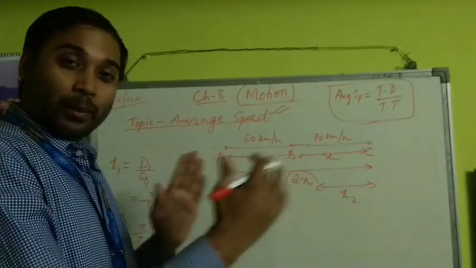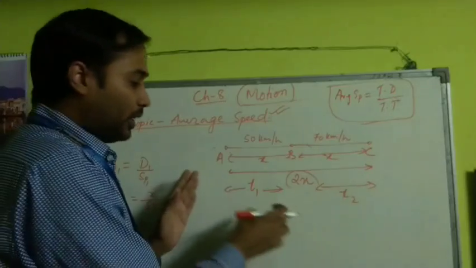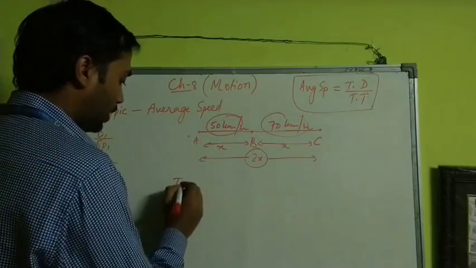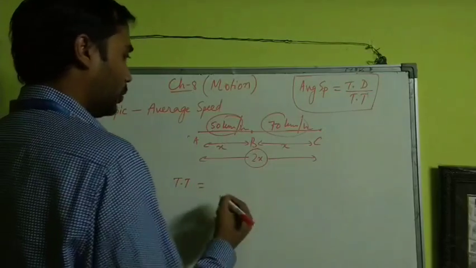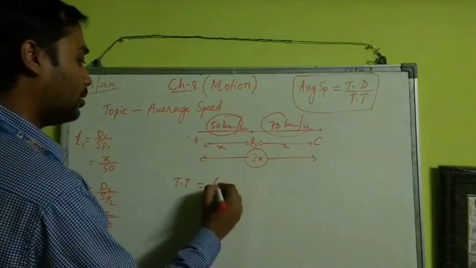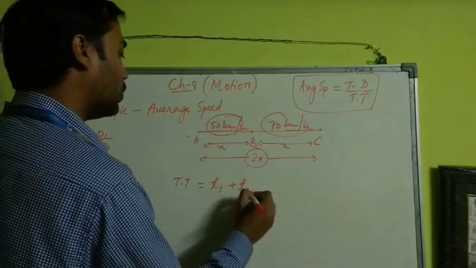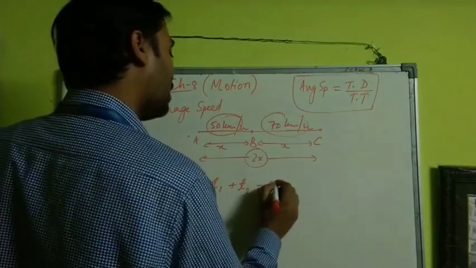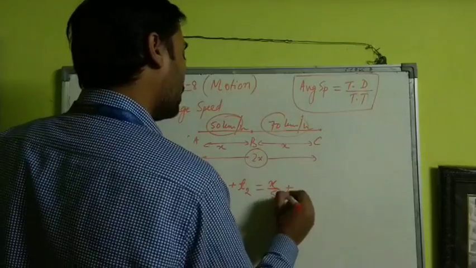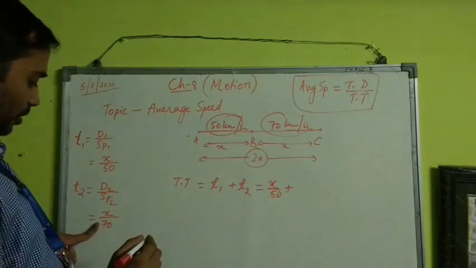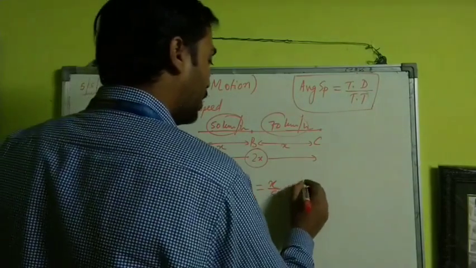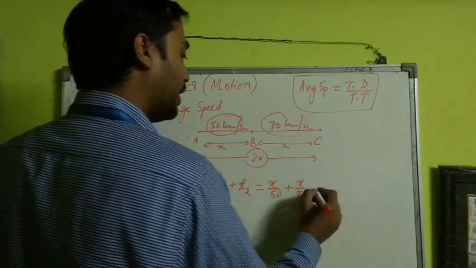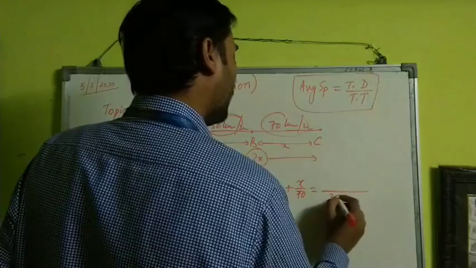So what is the total time now? Total time will be T1 plus T2. Now what is the value of T1 we got here? We got x by 50. What is the value of T2? Value of T2 is x by 70. So if we take the LCM of 50 and 70, we'll get 350.